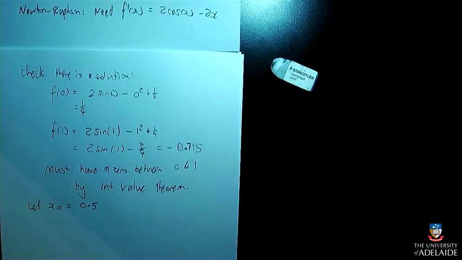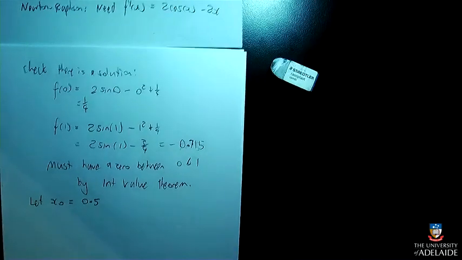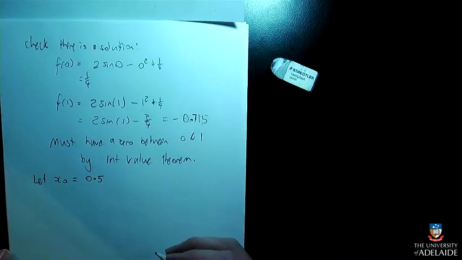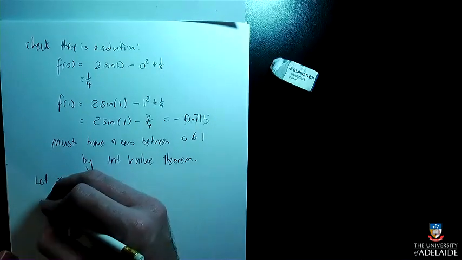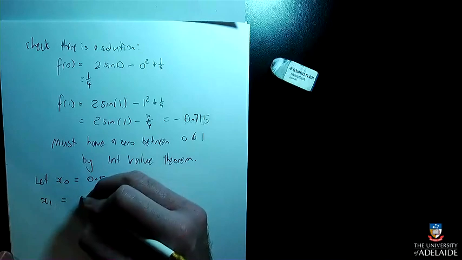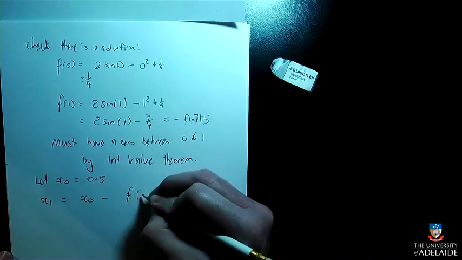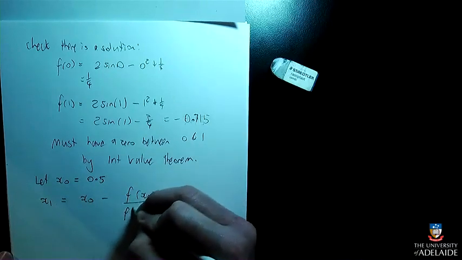They haven't told us how many decimal places we need, so we're going to have to decide that for ourselves. Okay, and so x1 is x0 minus f of x0 over f dashed of x0.